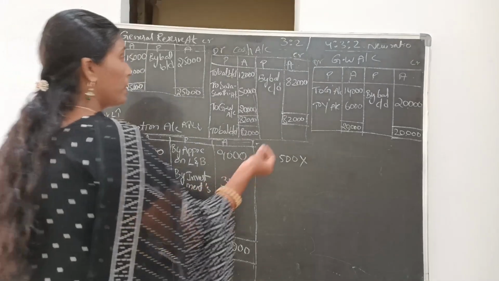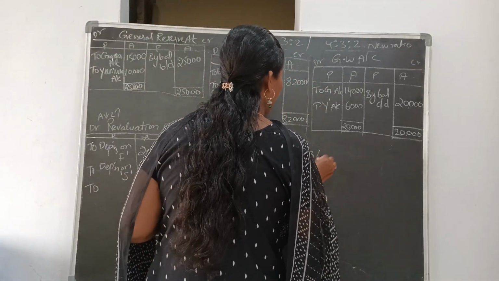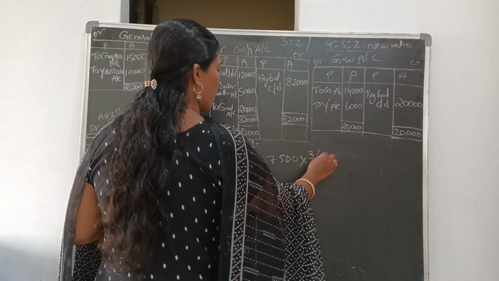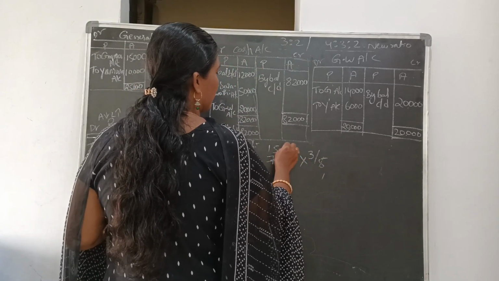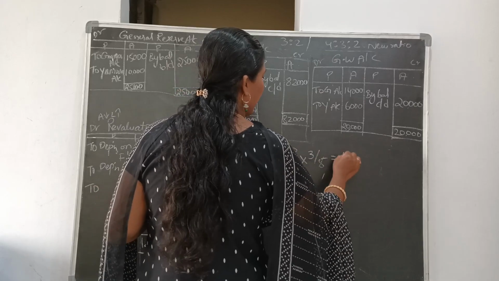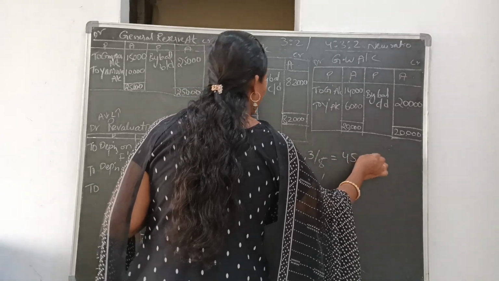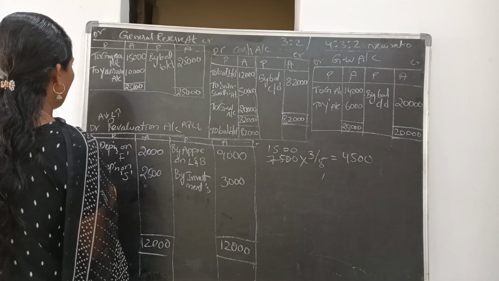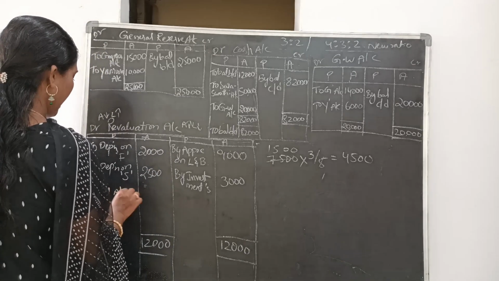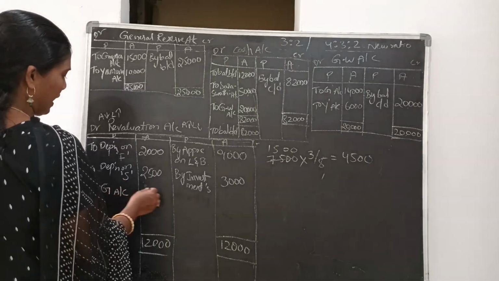This we are going to distribute among old partners in the old ratio 3 by 5. So 7,500 by 5 is 1,500, 15 threes are 45, 4,500. So this 4,500 is transferred to Ganga's capital account.